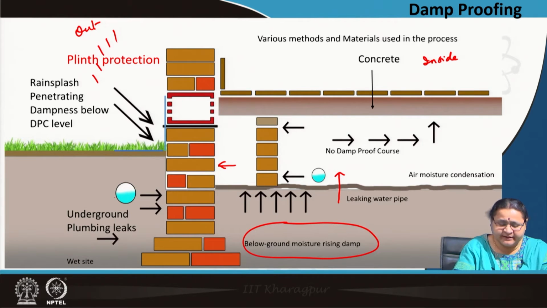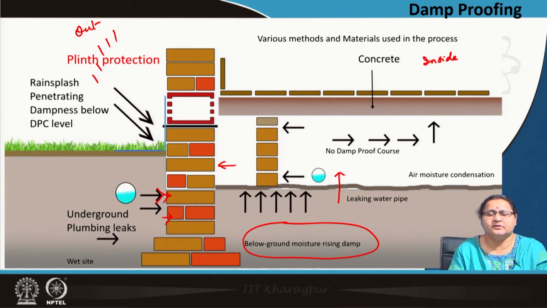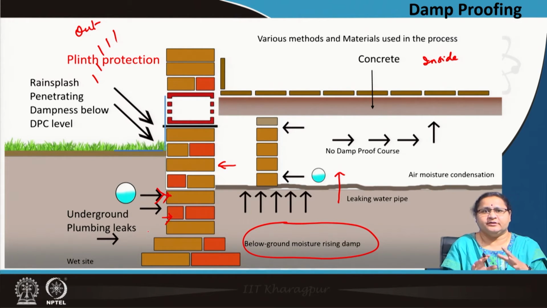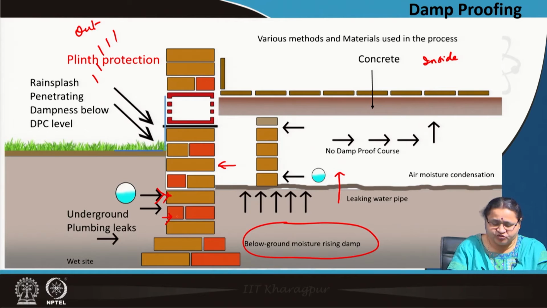There may be underground pipes, as you can see, even below the inside of the building, which is not much recommended, and there may be leakages on these lines, which may again affect the wall, creating some pressure on the wall, and the moisture tries to move gradually through capillary action.